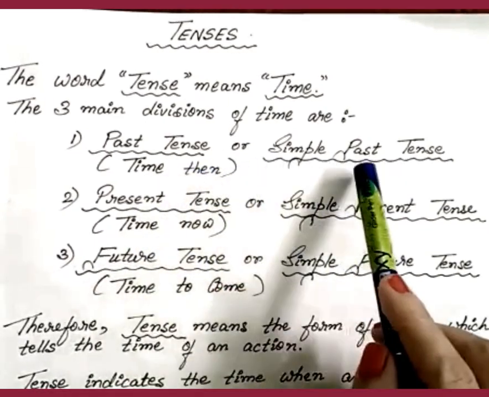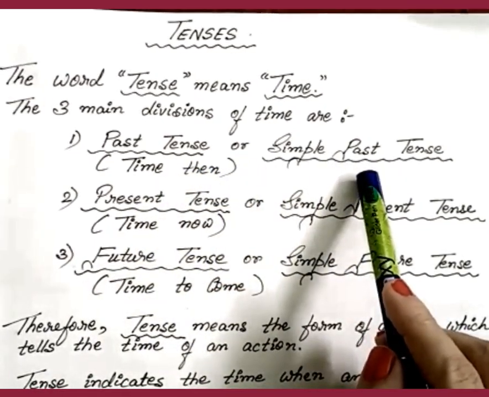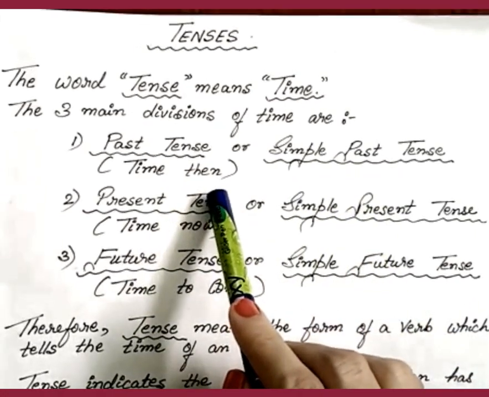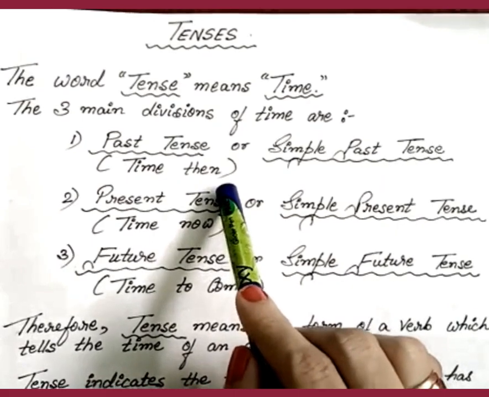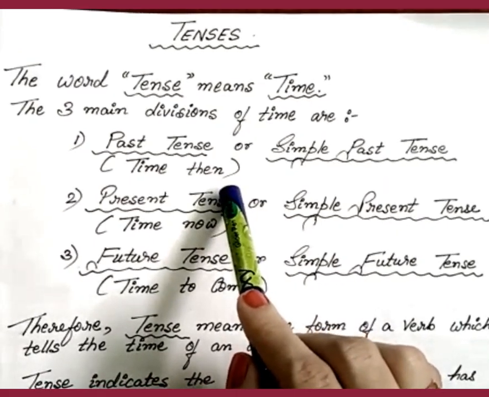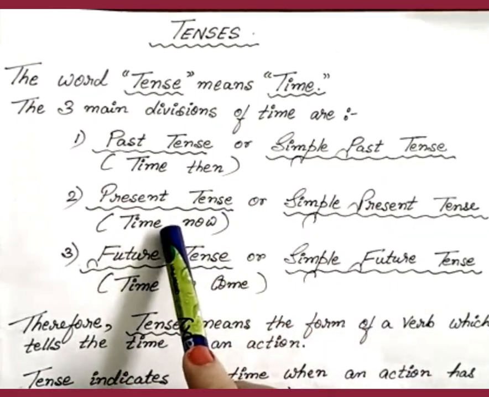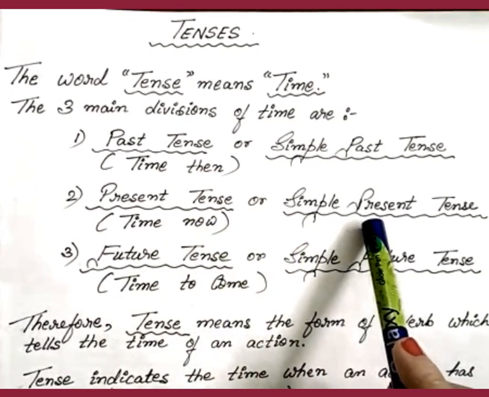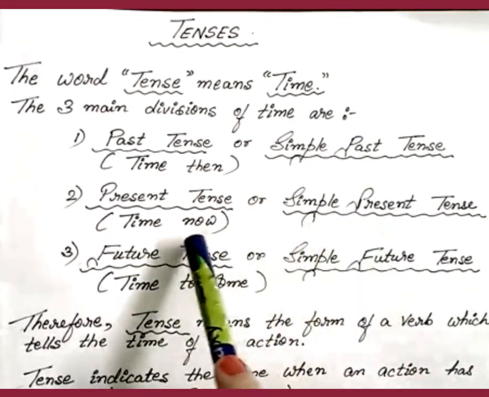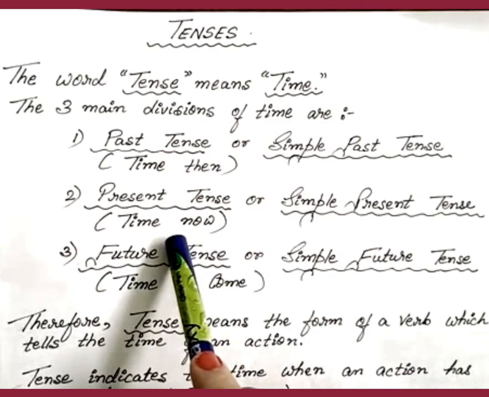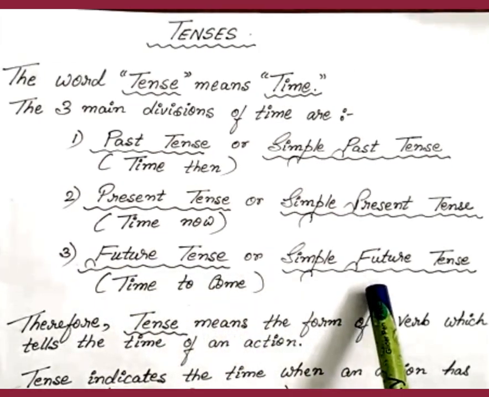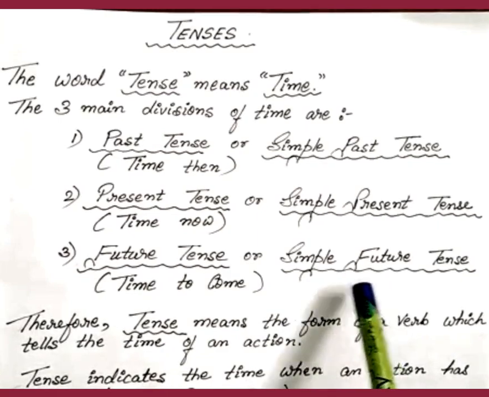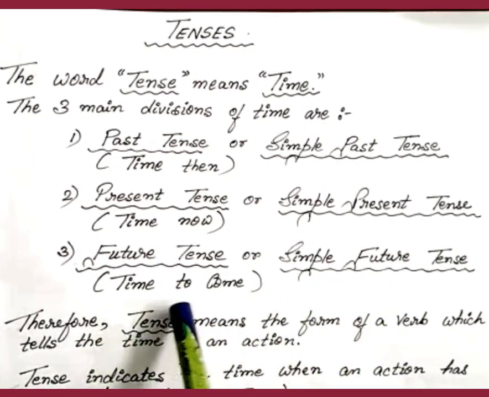Past tense refers to the time that has gone by, a time which has passed. Present tense refers to the time now, at present. And future tense refers to the time to come.